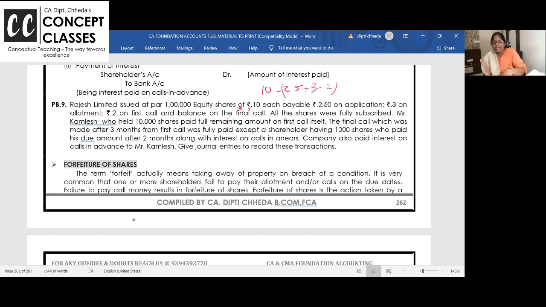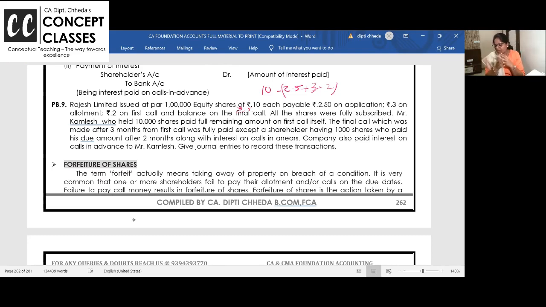Yes, application, allotment, first call, final call. Actually, in this the rest of the problem is clear. Can we do the entry only for call in arrears and call in advance? That is the important part. We can do only that, or do the whole problem. The rest is routine, application, allotment.